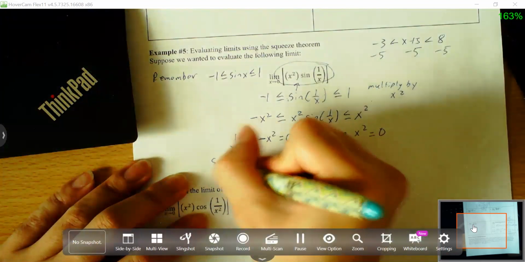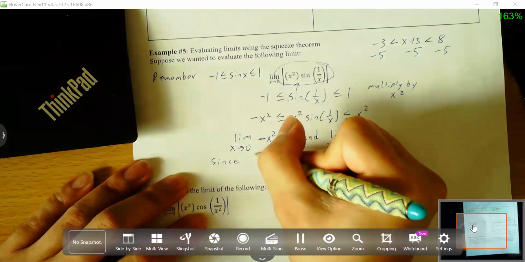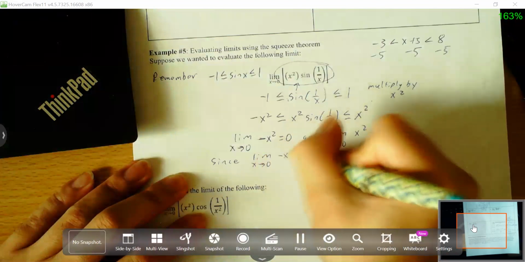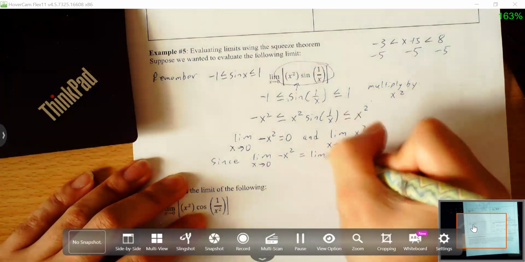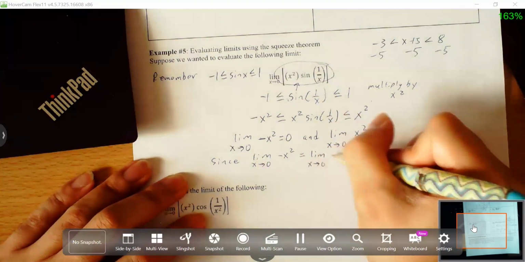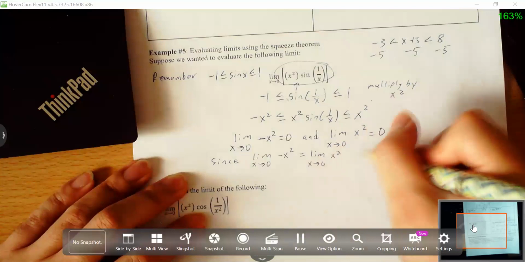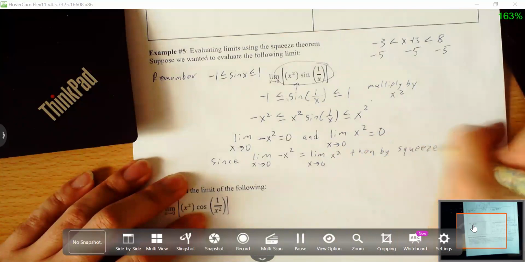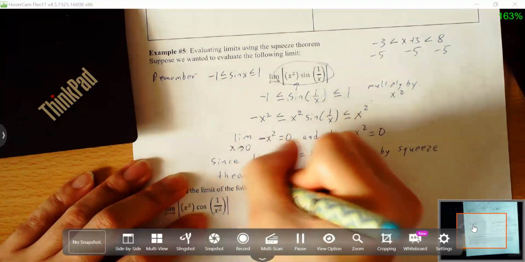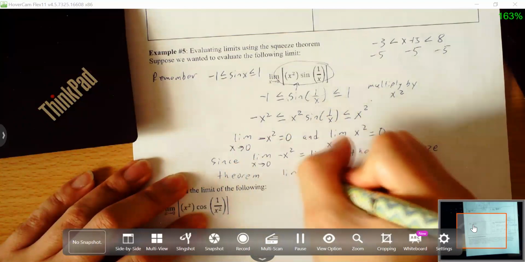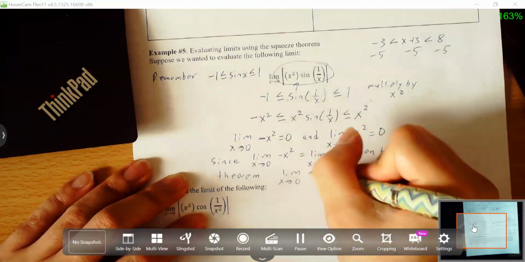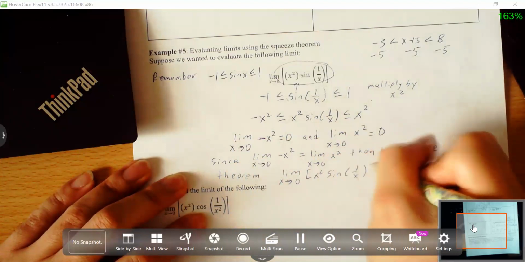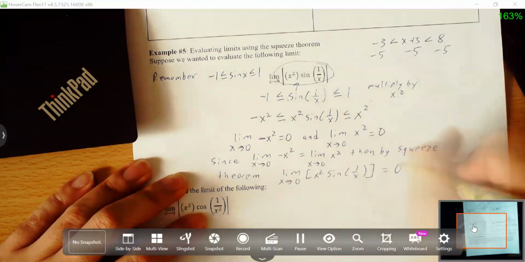So since the limit as x approaches 0 of negative x squared is equal to the limit as x approaches 0 of x squared, then by Squeeze theorem, the limit of the middle function has to also equal 0.